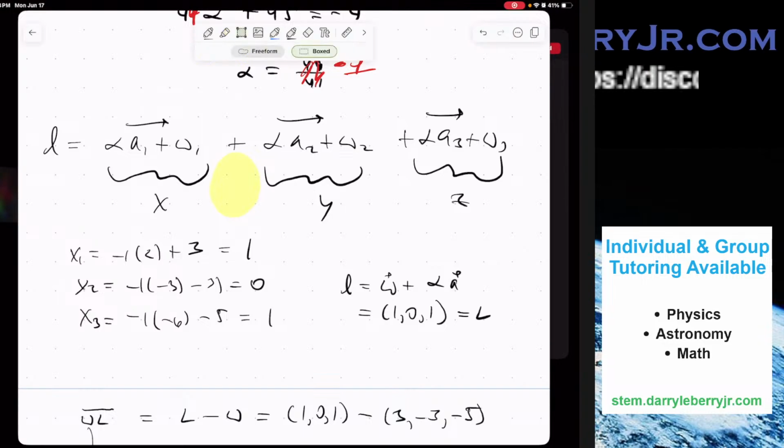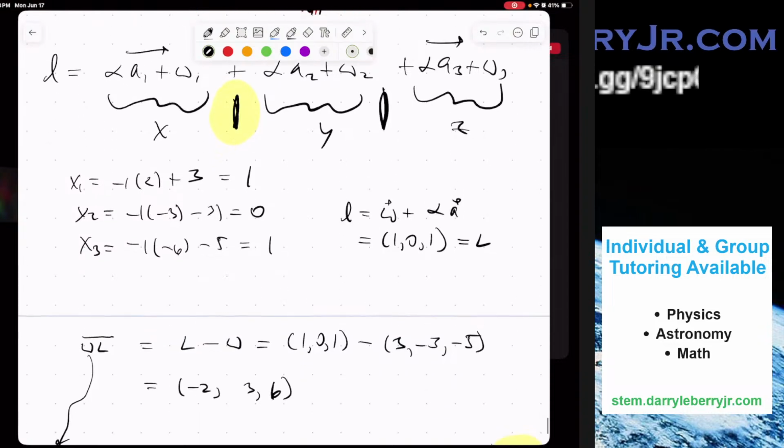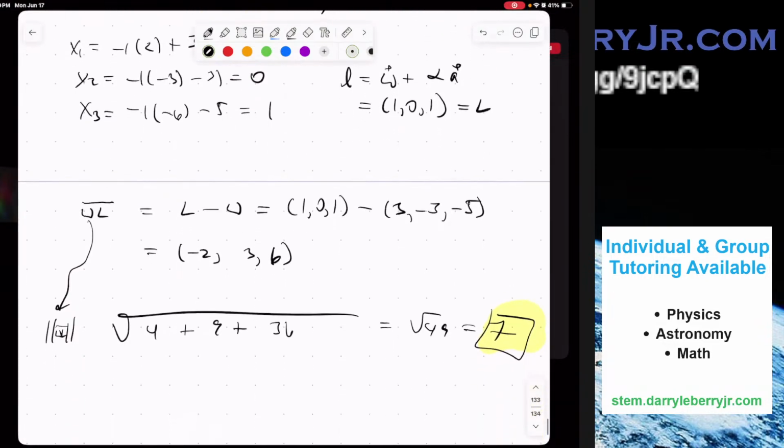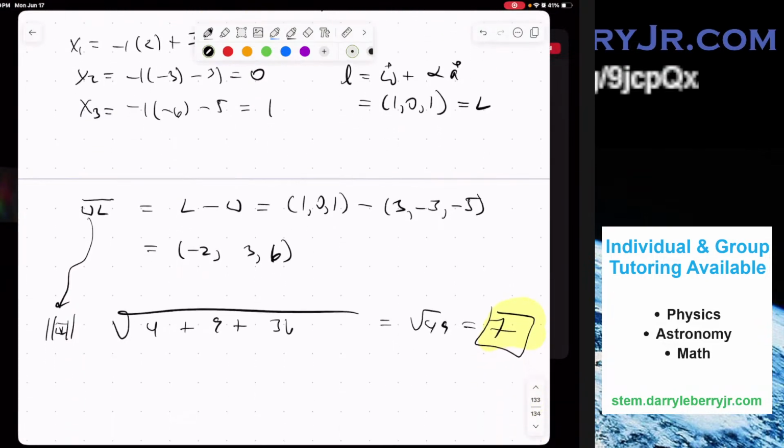Remembering that these are vectors gives us the X, Y, and Z coordinates of that point on the line. Then we could use the difference between the point on the line and W to get the vector between them, from one to the other.